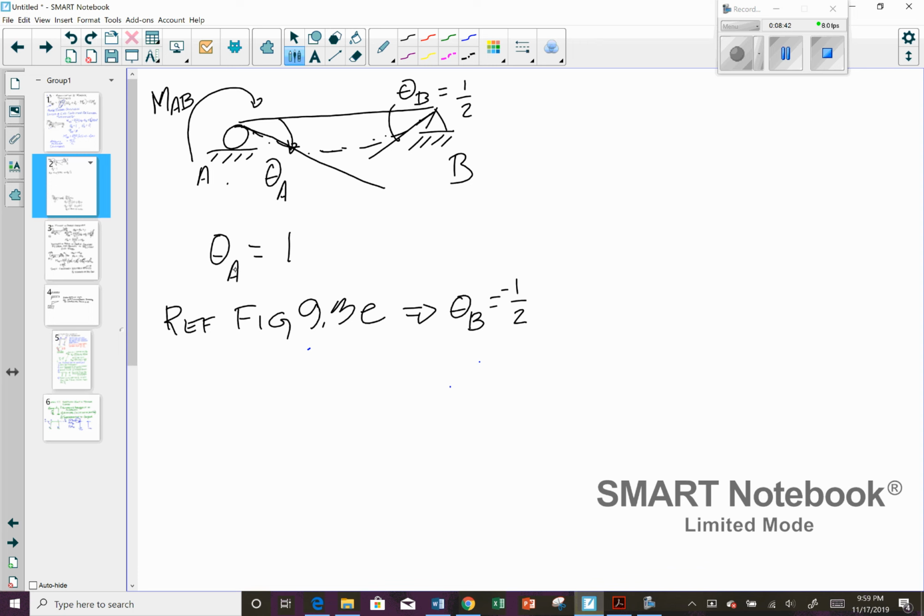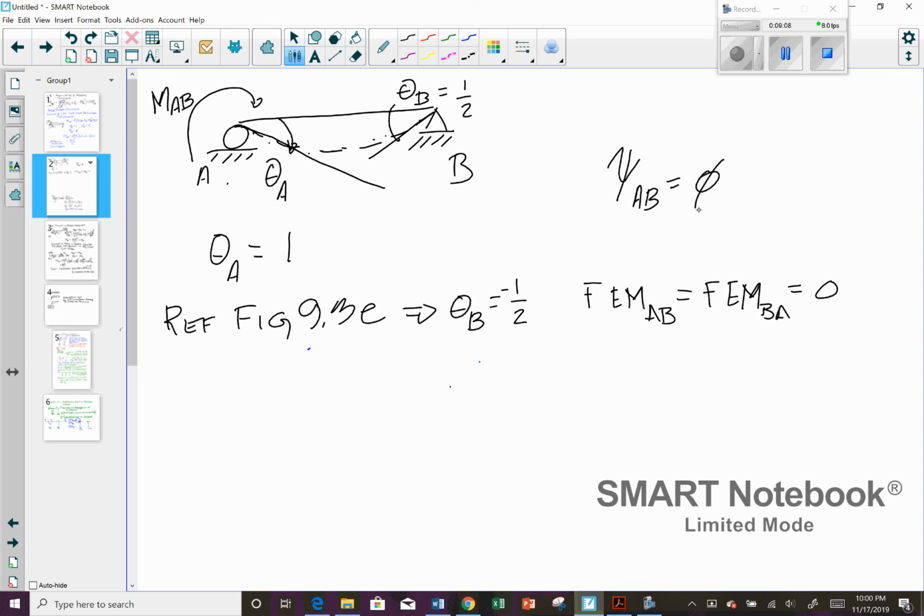Okay? And again, here, because we have no load, our FEM AB and FEM BA are equal to 0. We also have no relative displacement at the joints, so our psi AB is also equal to 0.